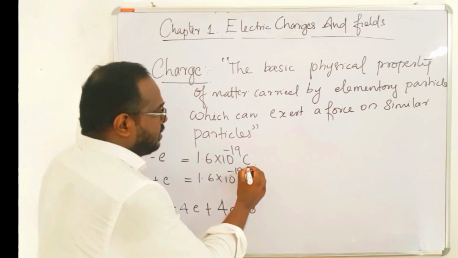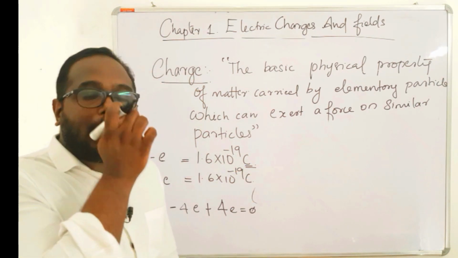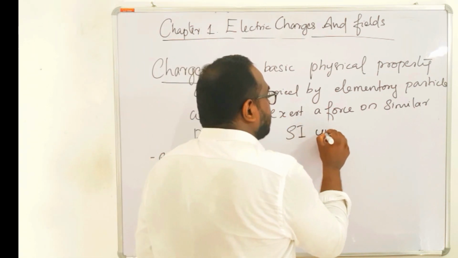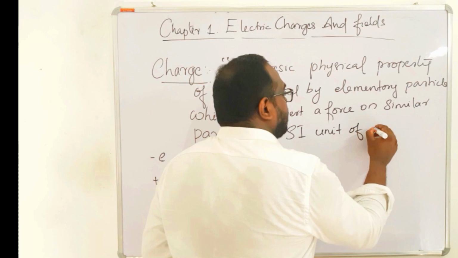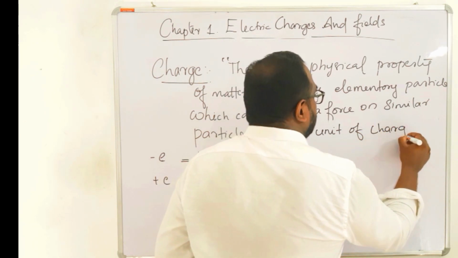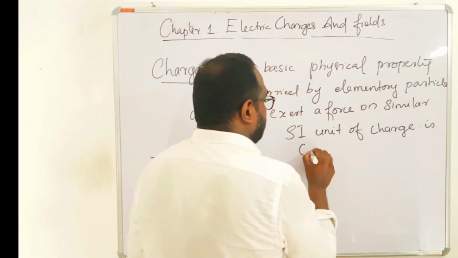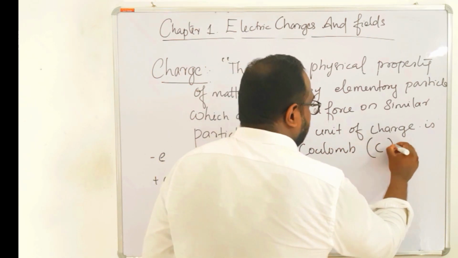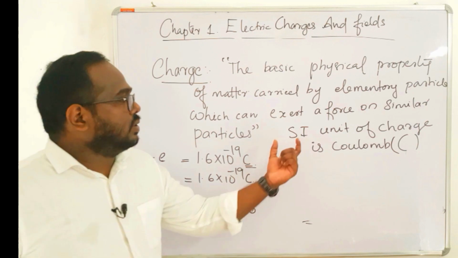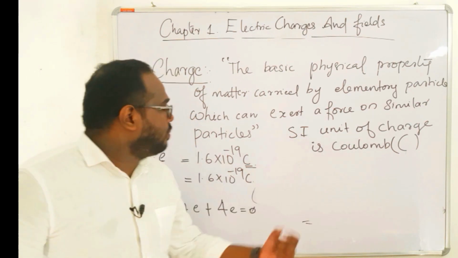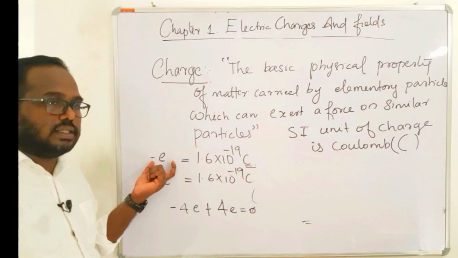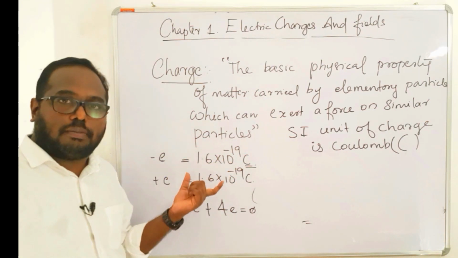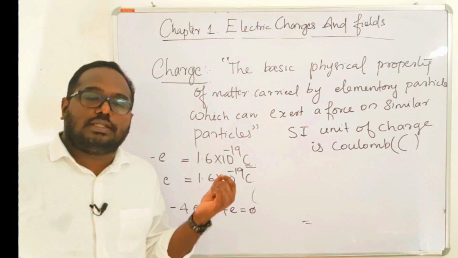Then, when we look into this value, I will show you one thing. What is this? This is coulomb. Coulomb is the SI unit of charge, denoted by C. So the unit of charge is coulomb and the magnitude of charge is 1.6 into 10 raised to minus 19. If it is electron, it is minus. If it is proton, it is plus.